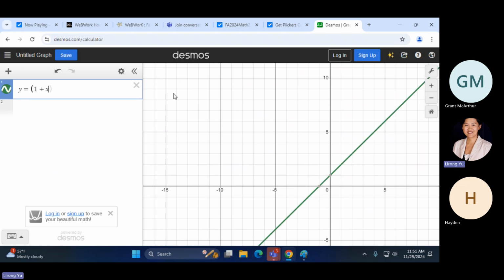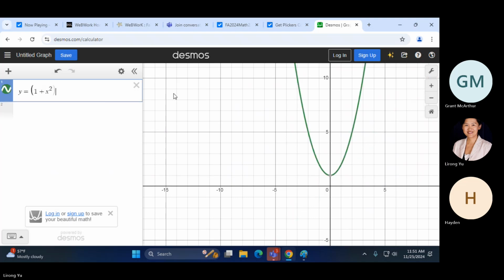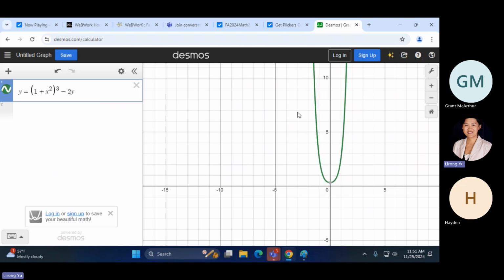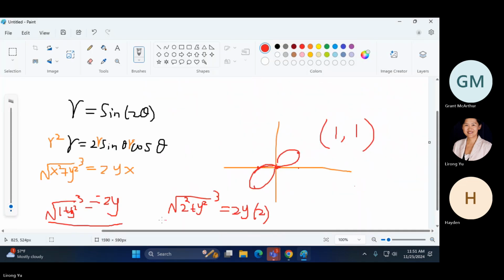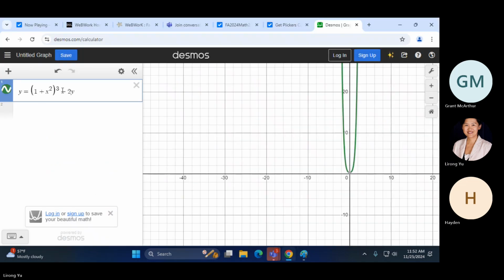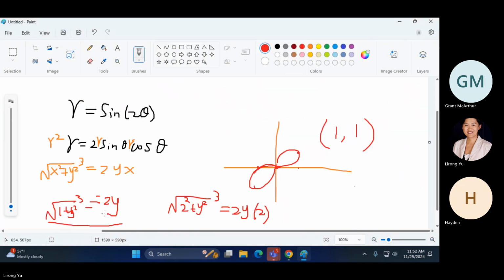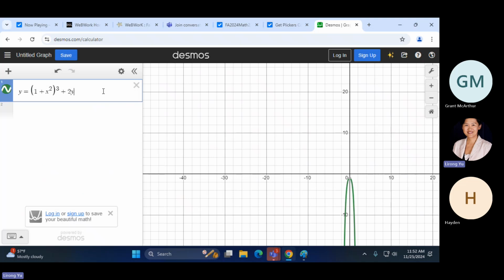One plus x squared to the power 3, 2y. Let's do it. There's no solution. Right, and I think this is taking way too long.